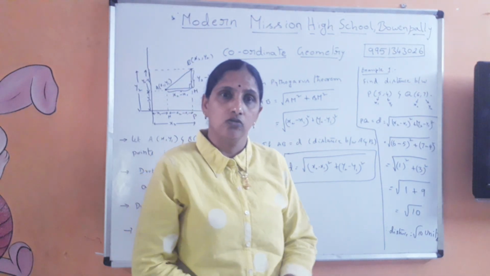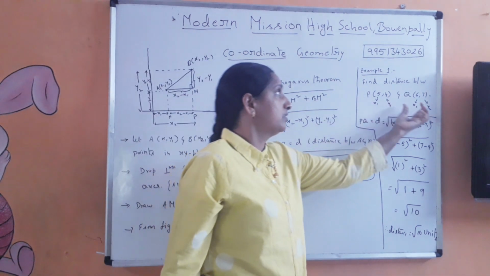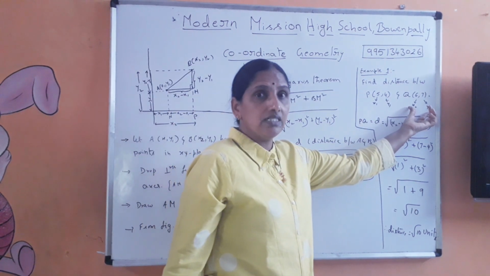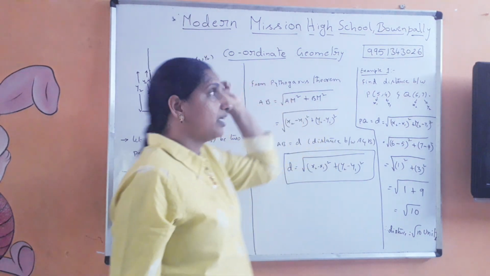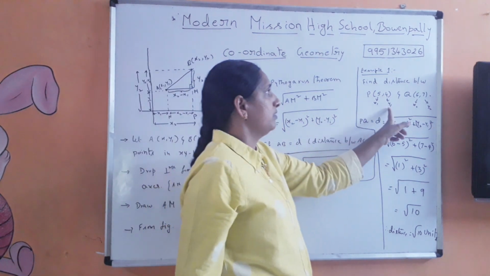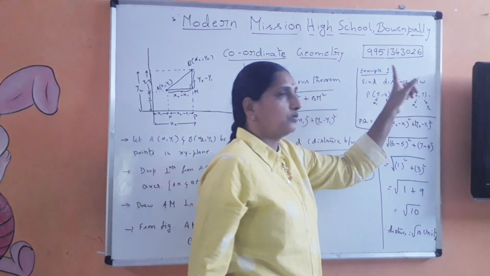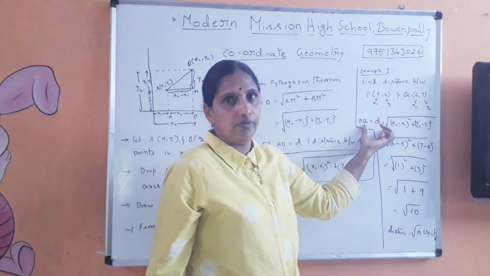Clear? So how to substitute in this? First, take the points and compare them with the general points. The general points here are (x1, y1), (x2, y2). So this is (x1, y1), this is (x2, y2). First keep that in mind. Then write down the formula.